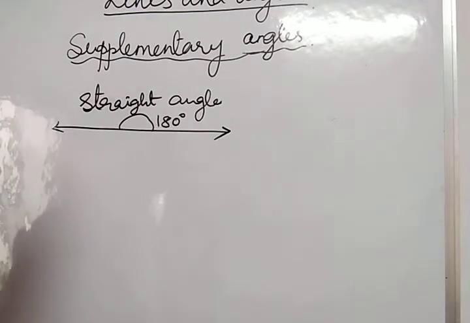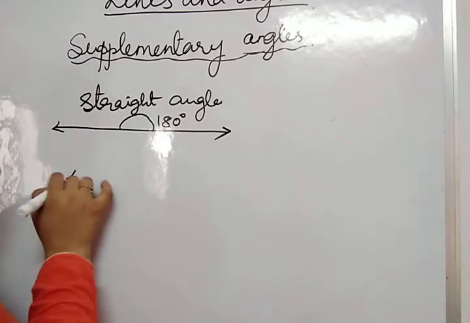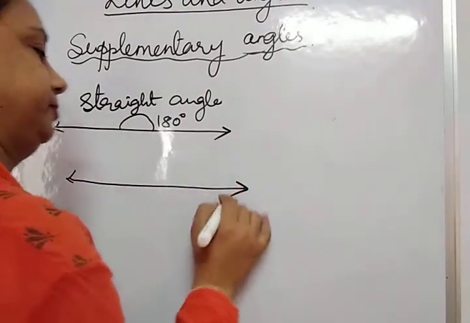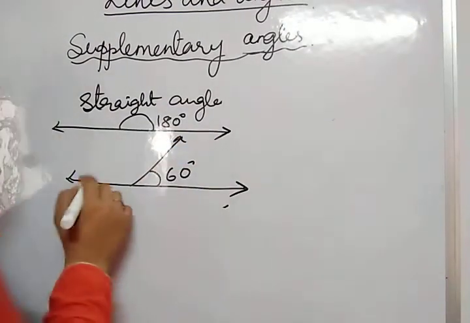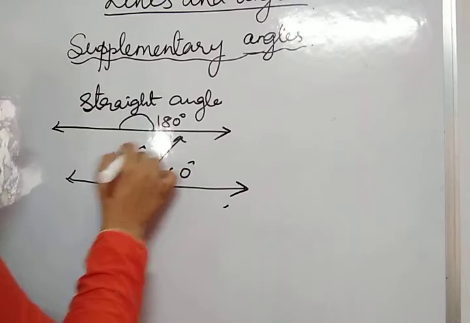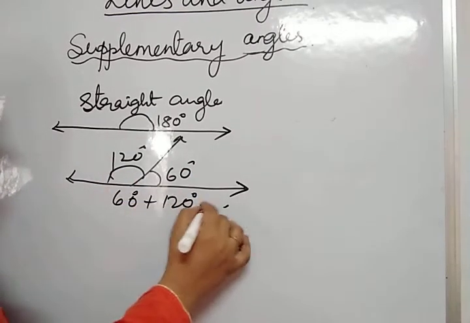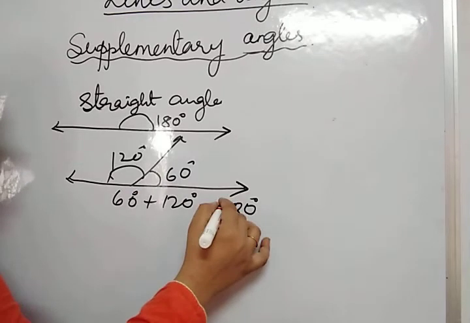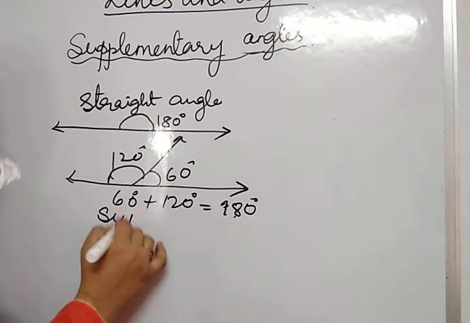Okay, and if the sum of two angles whose measure is 180 degree, like 60 degree and 120 degree, their sum is equals to 180 degree. So such kind of angle are said to be supplementary angles.